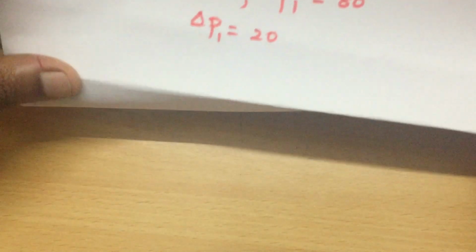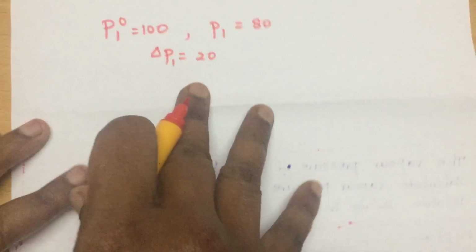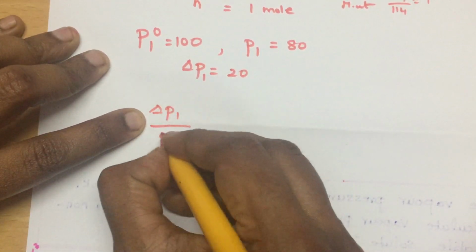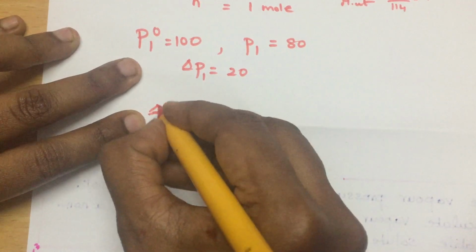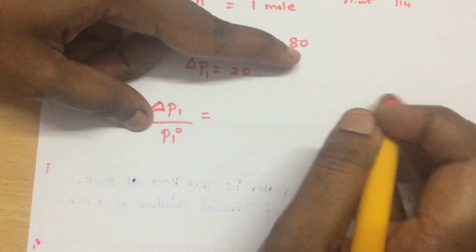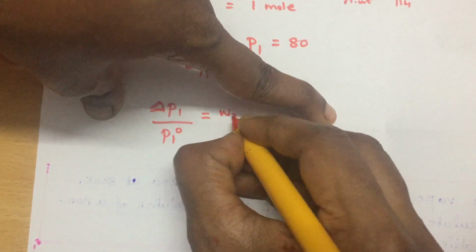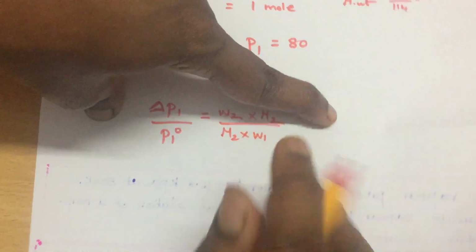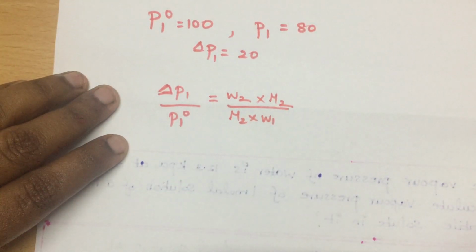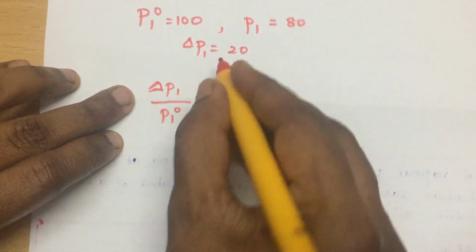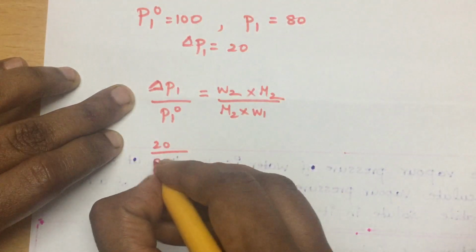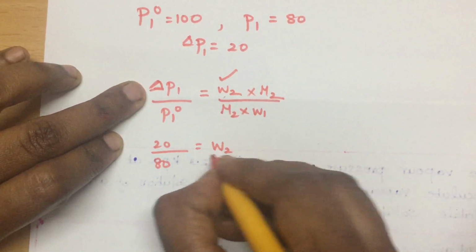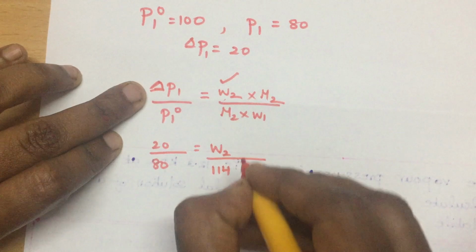So shall we substitute everything in the formula and find out? Okay, so del P1 divided by del P0 is equal to W2 divided by M2, W1 divided by M1. So here I substitute: P1 naught is 20 and that was 80. We have to find out W2. What is the weight? The molecular weight is 114.